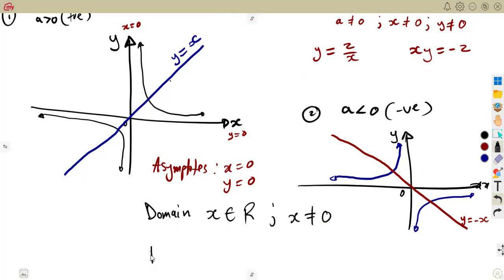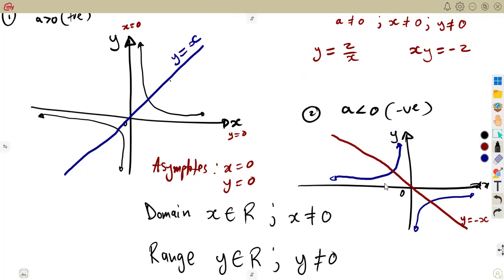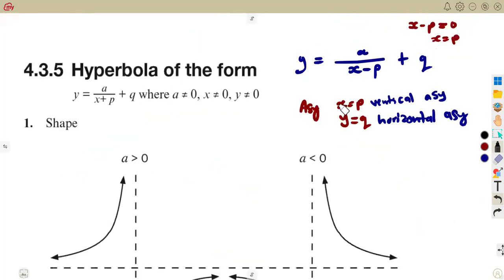Anyways, let's see. Then we talk of the range. As for the range, y is an element of the real numbers again, but y cannot be equal to 0. This is for both of these two functions. But for this one, the asymptotes affect the domain and the range.